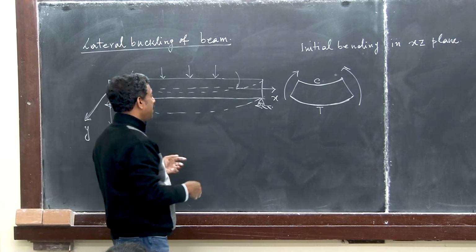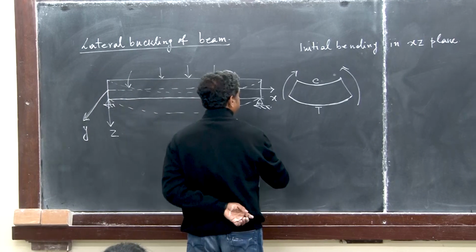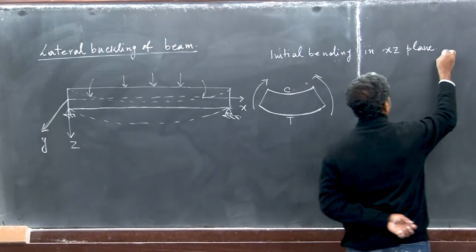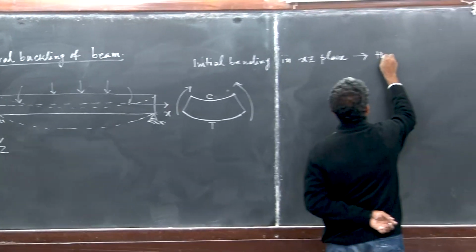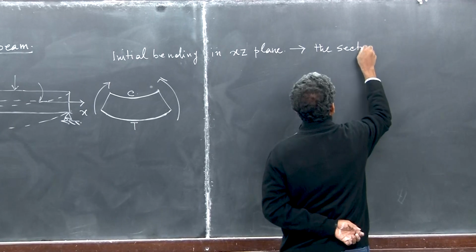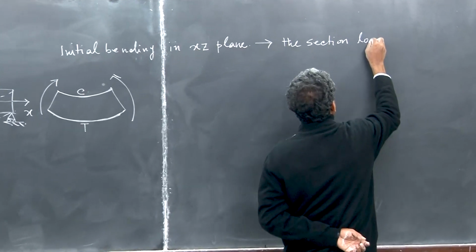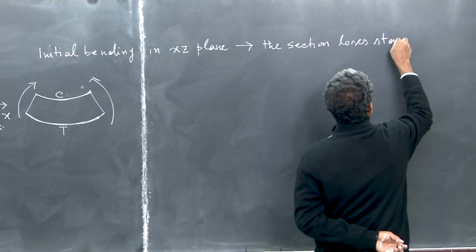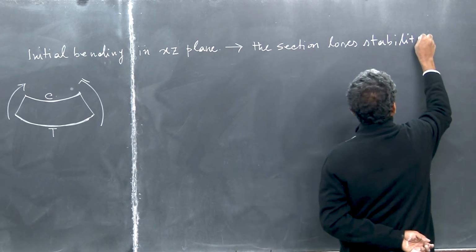Okay, so what is happening? You see that. After the initial bending, the section loses stability. How?